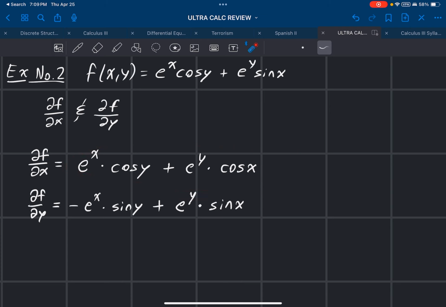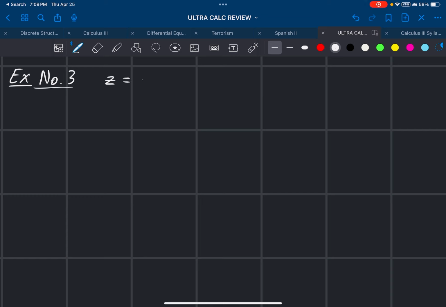So this is example number 3, and in this case, z is equivalent to the function with the variables x and y.